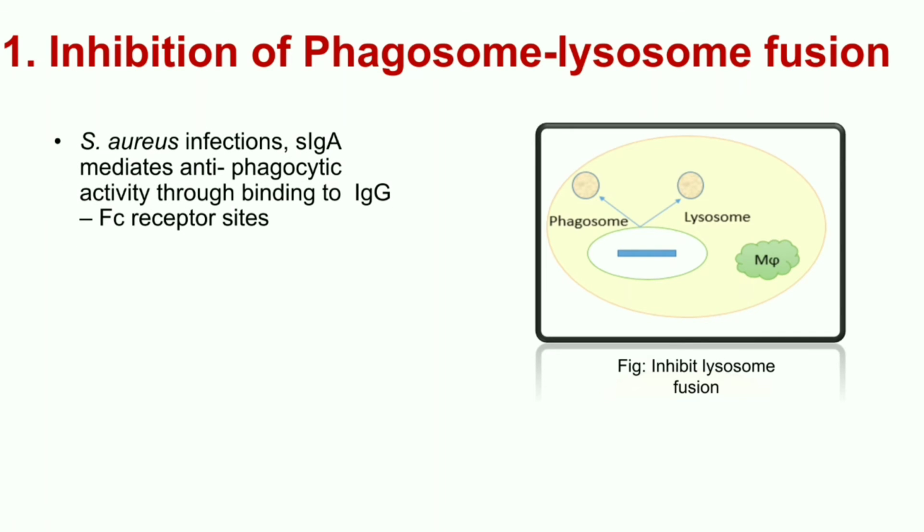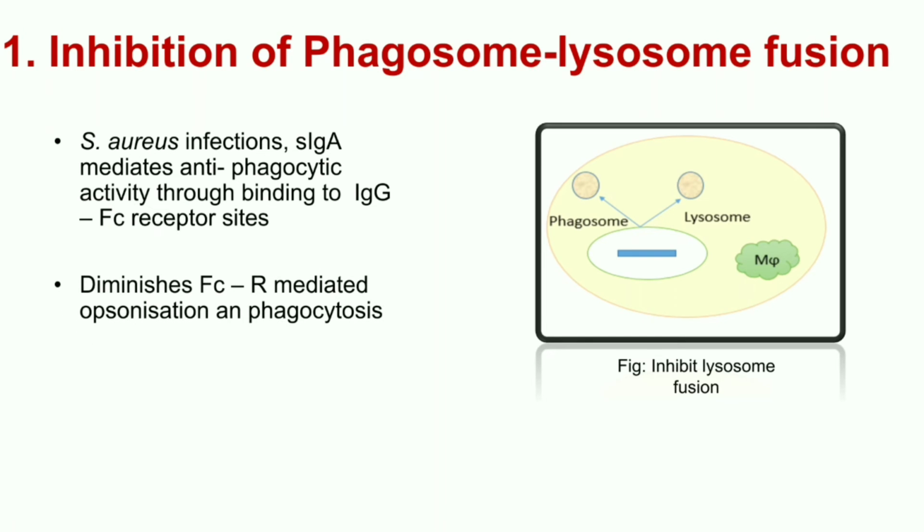Yet another mechanism is adapted by Staphylococcus aureus. Staphylococcus aureus has protein A mediated antiphagocytic activity by binding to the IgG Fc receptor sites.